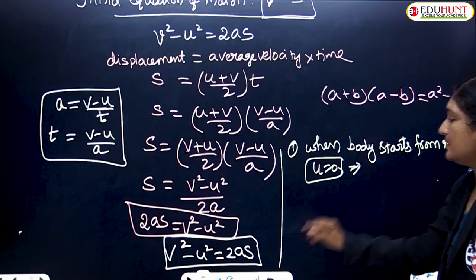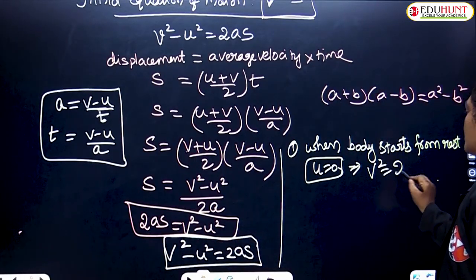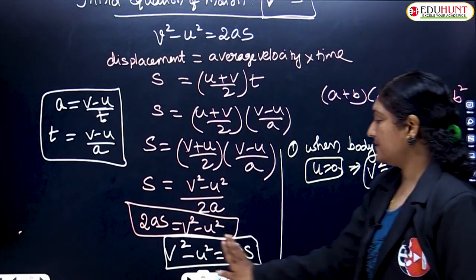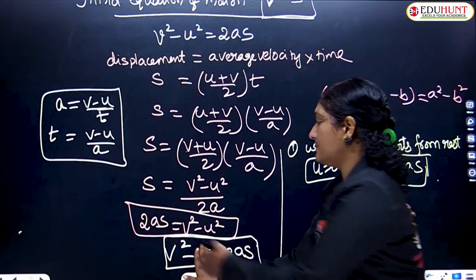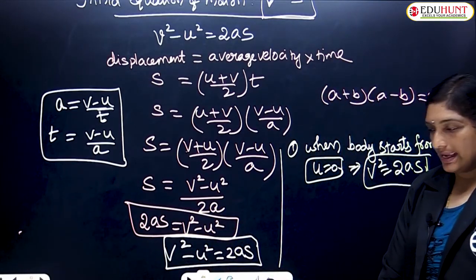So whenever u is equal to 0, we have v square equal to 2as. Whenever the body starts from rest, this term will be 0, hence the leftover term is v square equal to 2as.